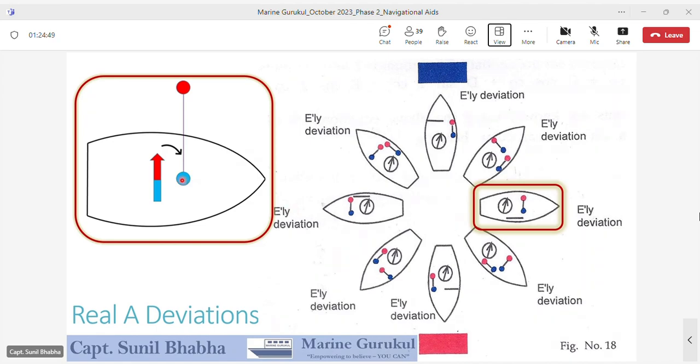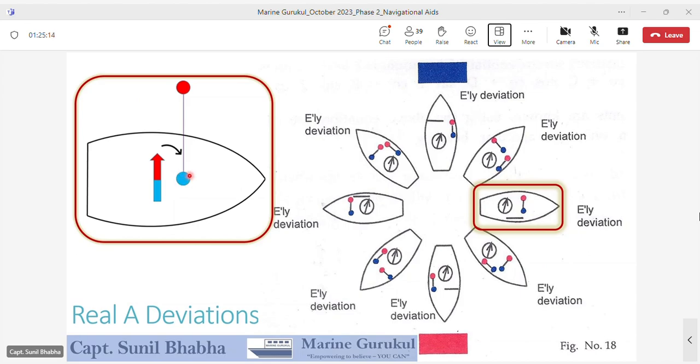The outward ship beam is present forward of the compass only on the port side. You see, it is unsymmetrical, so it is not present on the starboard side of the compass, it is only present on the port side of the compass. Being unsymmetrical was a requirement of generating real A deviation.